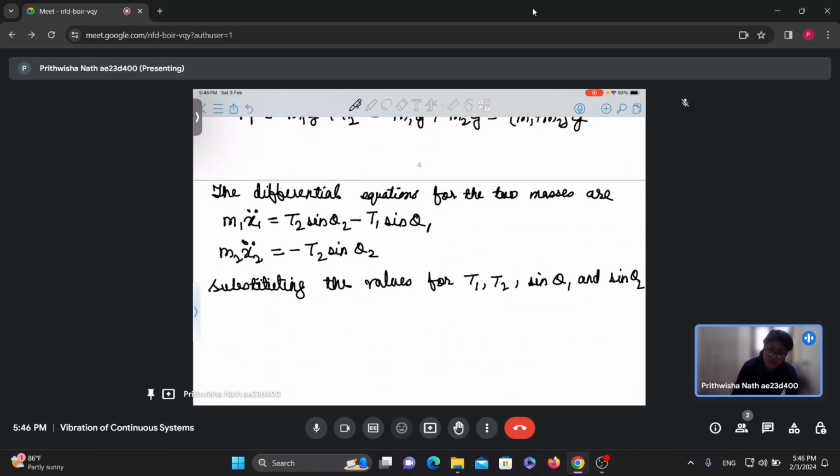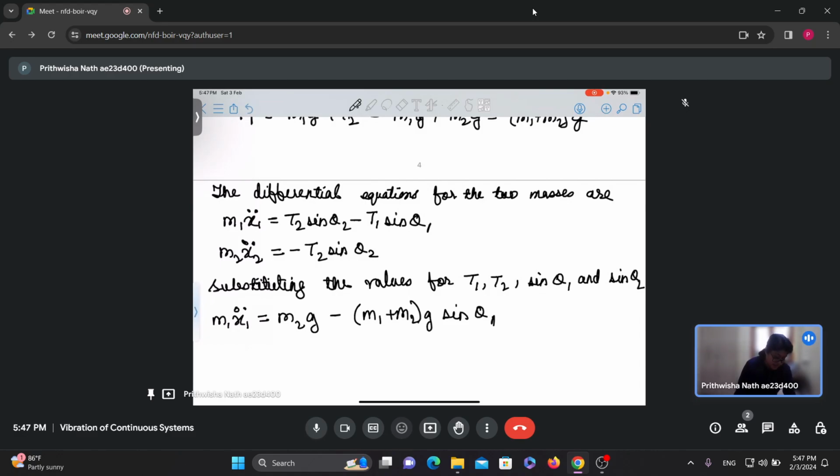My equation becomes M1 x1 double dot: in place of T2 we write M2G, and in place of T1 we write minus M1 plus M2 into G sin theta 1.